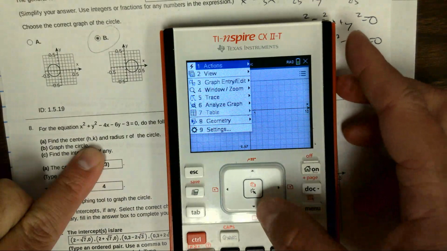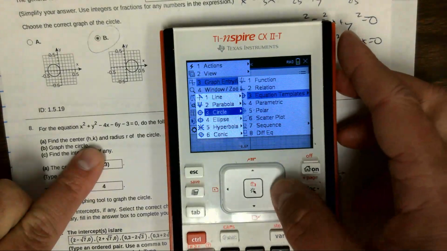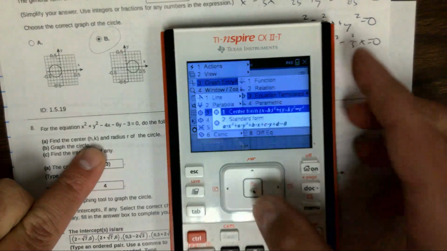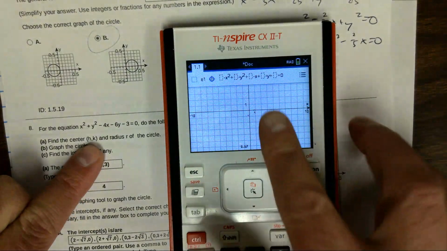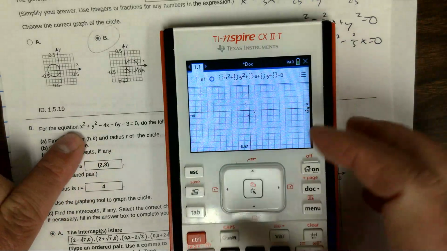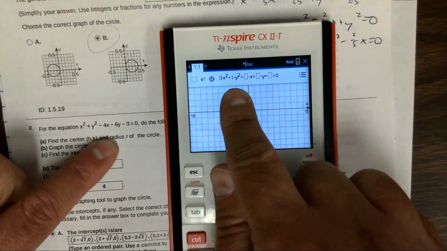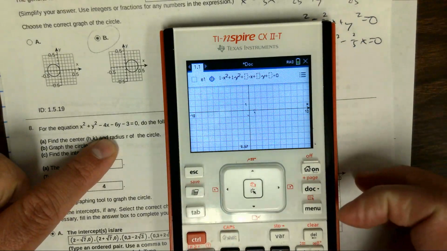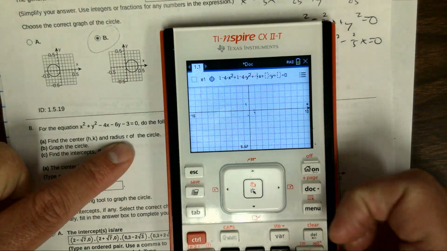So if we go to graph entry to equation templates of a circle, this bottom one, which is number 2, is standard form, and we would put 1 in here, and it filled in the 1 there. Then we've got a -4 in front of the x, a -6 here.